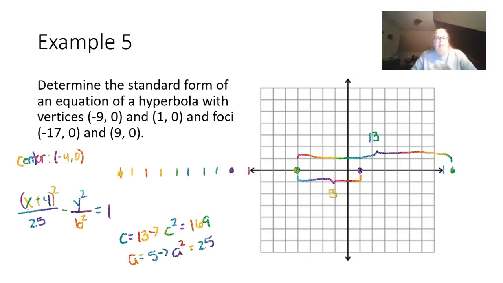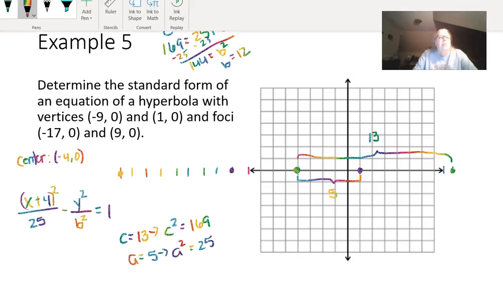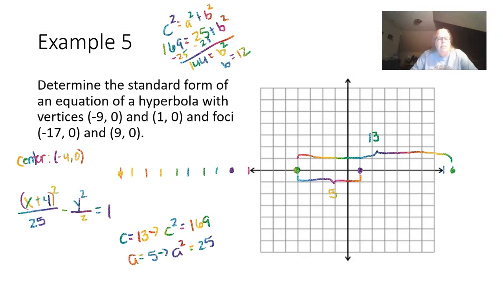All right, and b we can find by using the c squared equals a squared plus b squared formula. c squared we just found, it was 169. a squared we just found to be 25, and of course b squared is what we're looking for. If we subtract the 25 from the other side, we'll have 144 equal to b squared, which is going to make b equal to 12. And so we can now substitute in for our b squared in our equation.